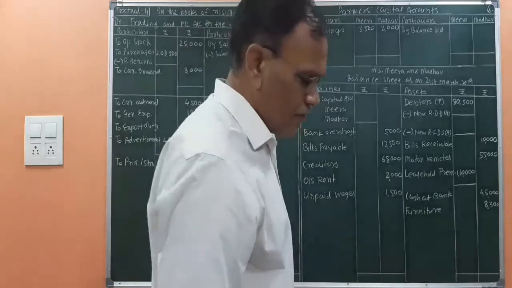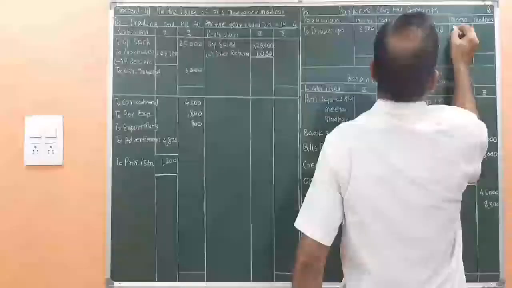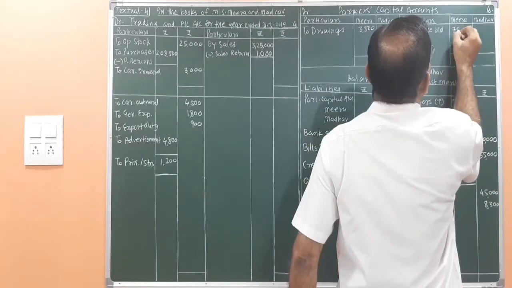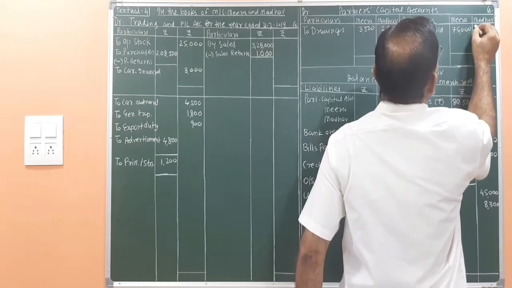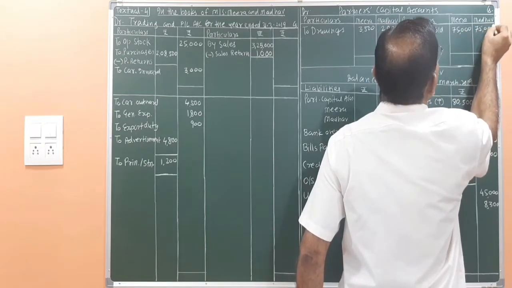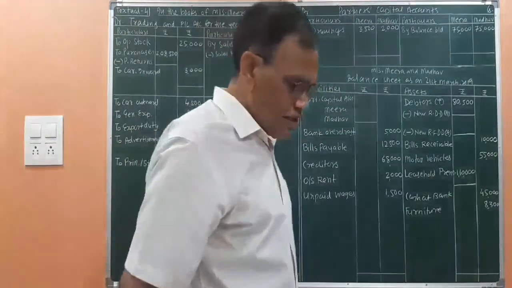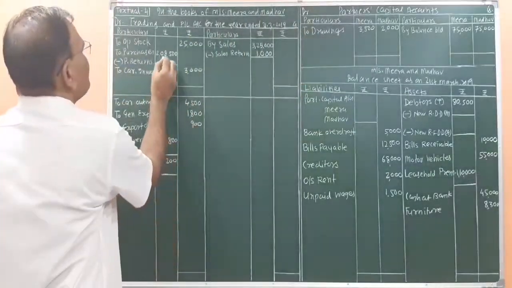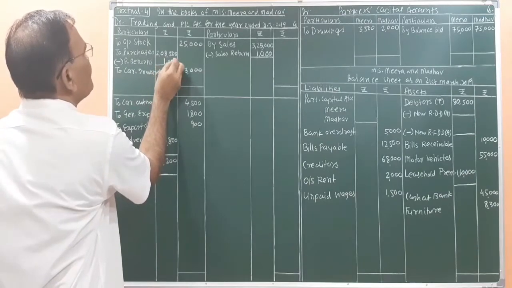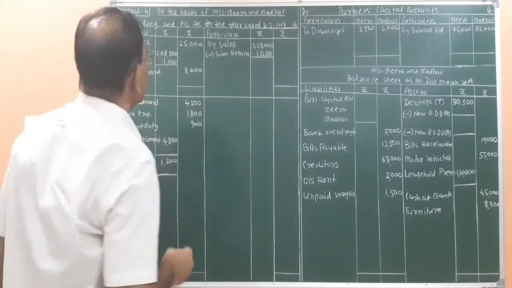Capital is 75,000 each. So capital of Meera 75,000, capital of Madhav also 75,000. Then purchase return is 1,000.